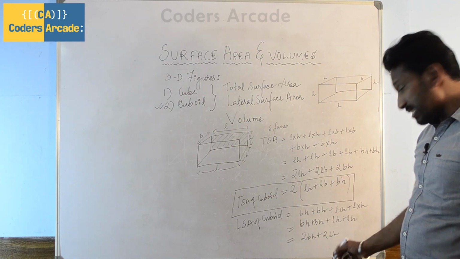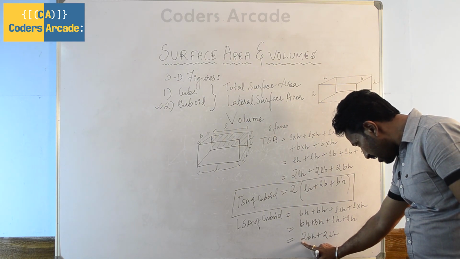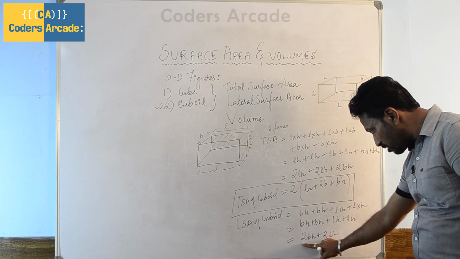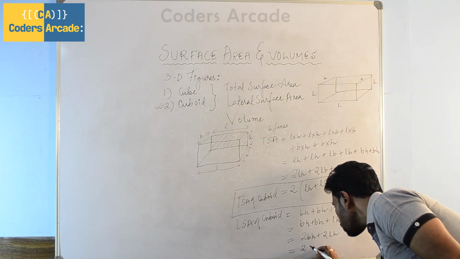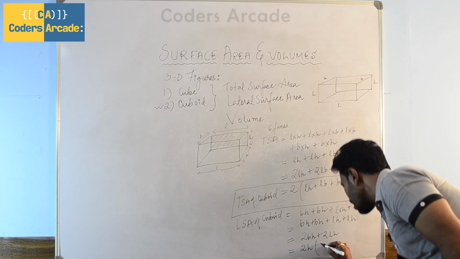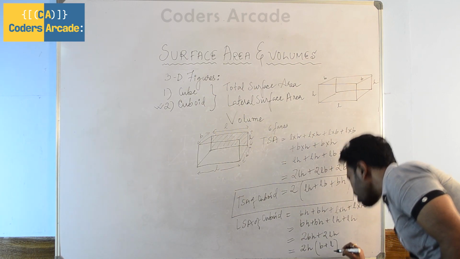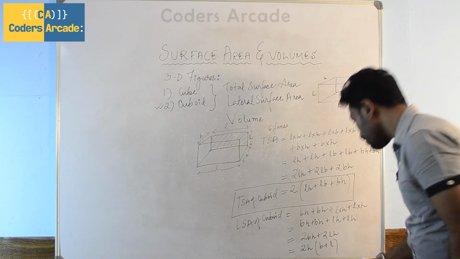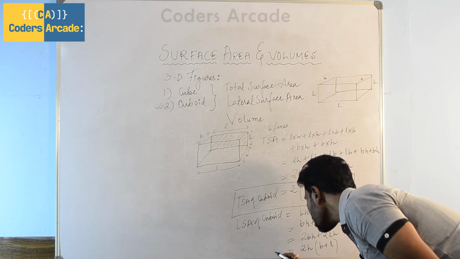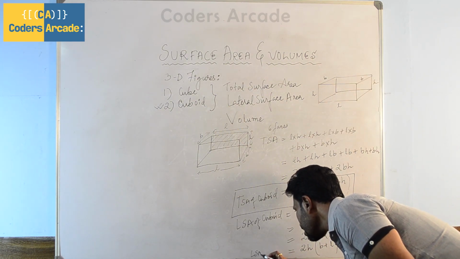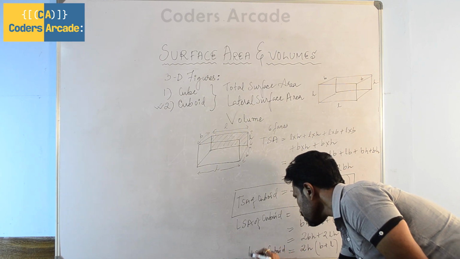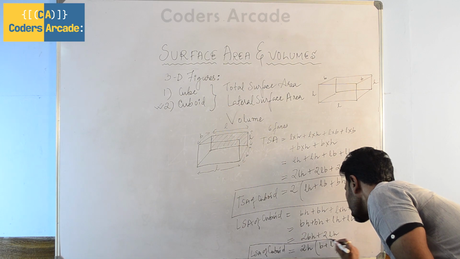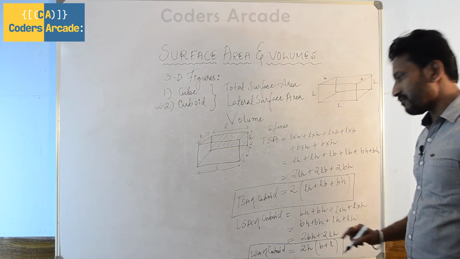So ultimately we can see that this 2 and this H are common in both the terms. Therefore, we can write 2H into (B plus L), or it can be L plus B as you wish. So this is the LSA of cuboid, or the lateral surface area of a cuboid. This is the final formula.